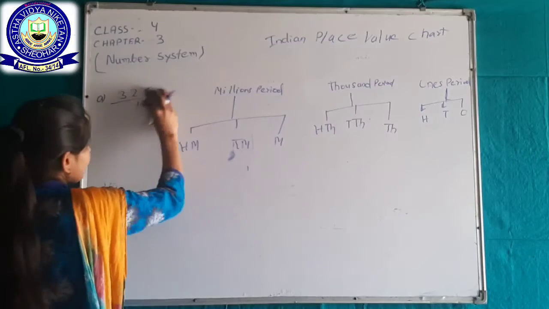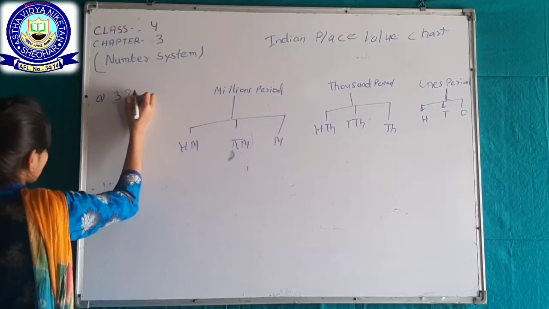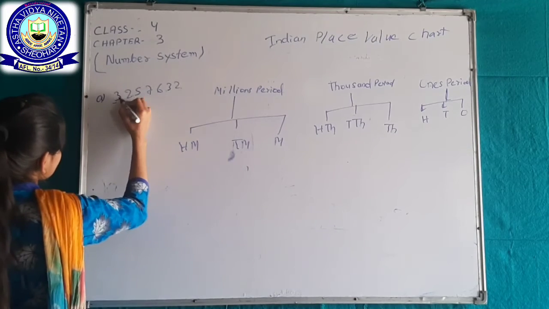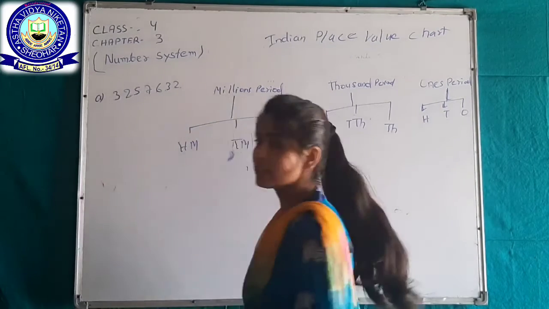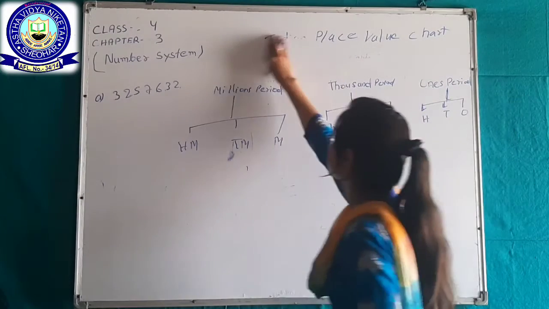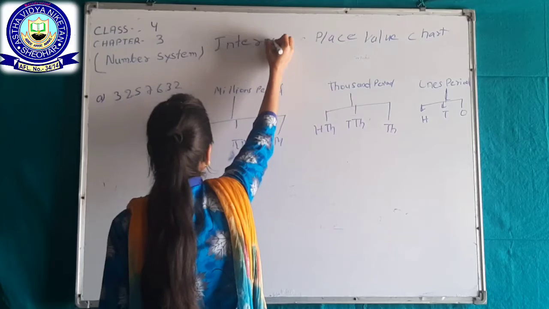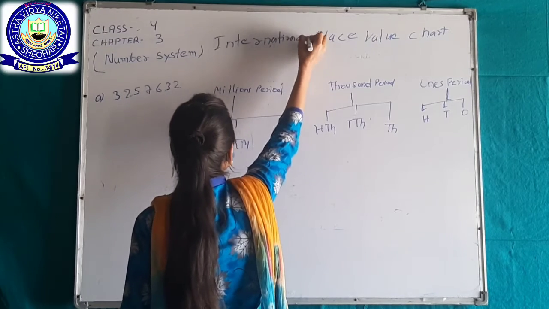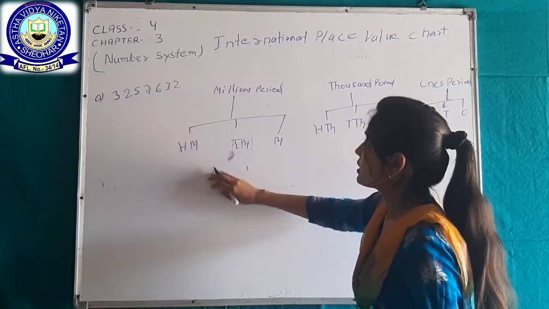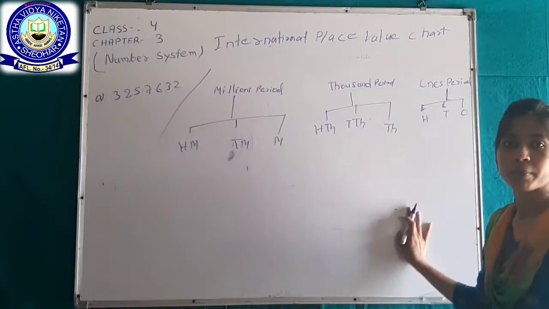Here is an example: 3, 2, 5, 7, 6, 3, 2. You have to write it in the international place value system and in the international place value chart, using commas and also in number names.